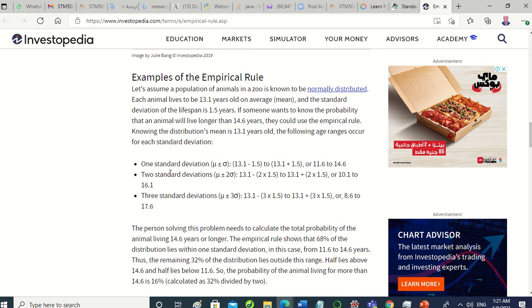For two standard deviations, we use the same equation, but we add or subtract 2 times the standard deviation.